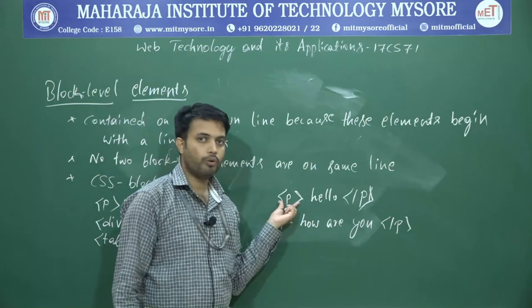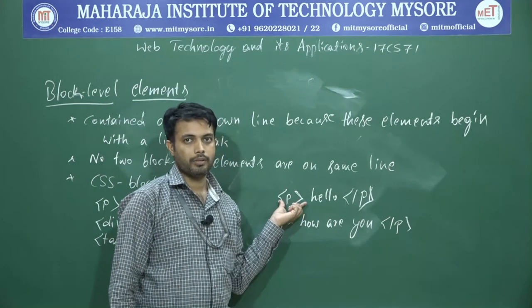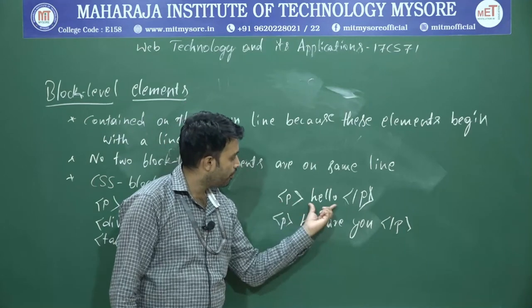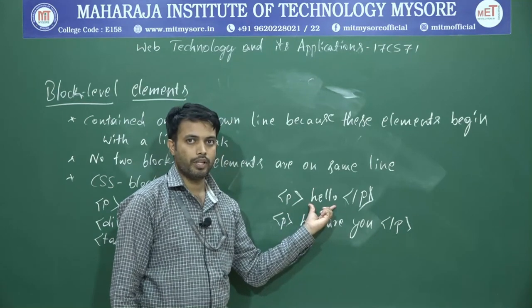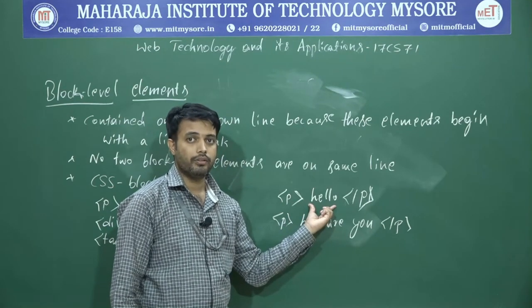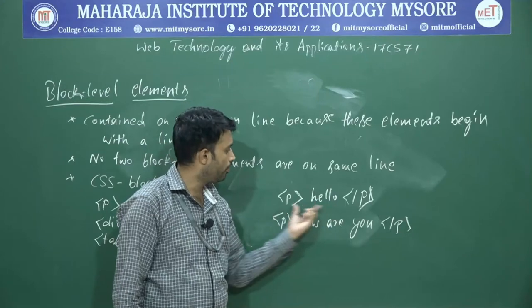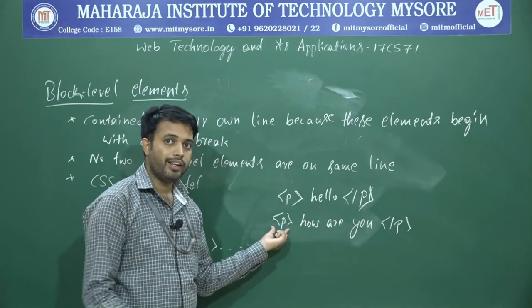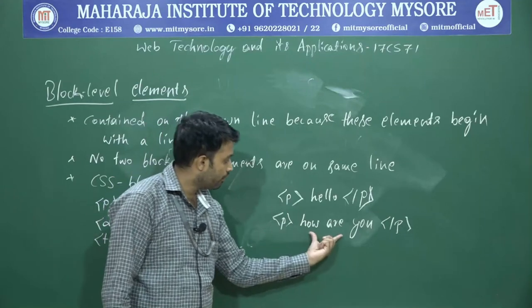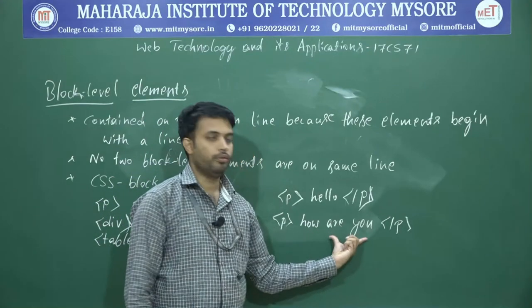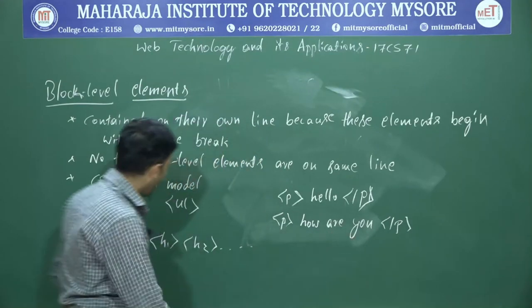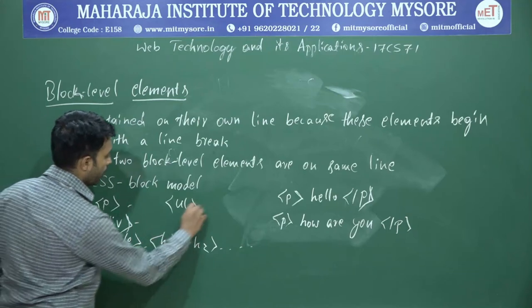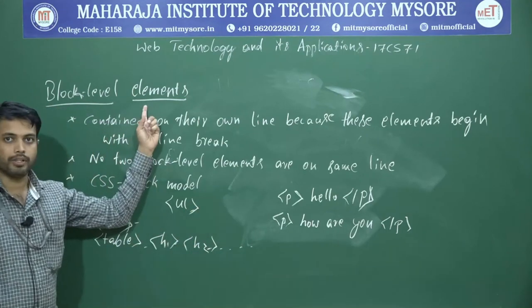Why? Because this is a block level element. Before printing this message on your web page, it writes a new line character. In a new line it prints hello. After that, again one more P, again a new line, and in the next line it displays the how are you message. Likewise, all these are examples of block level elements.